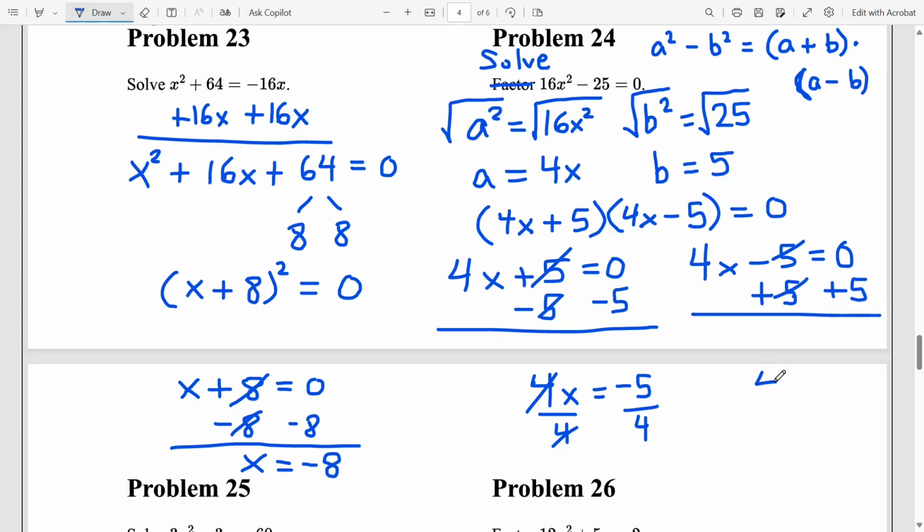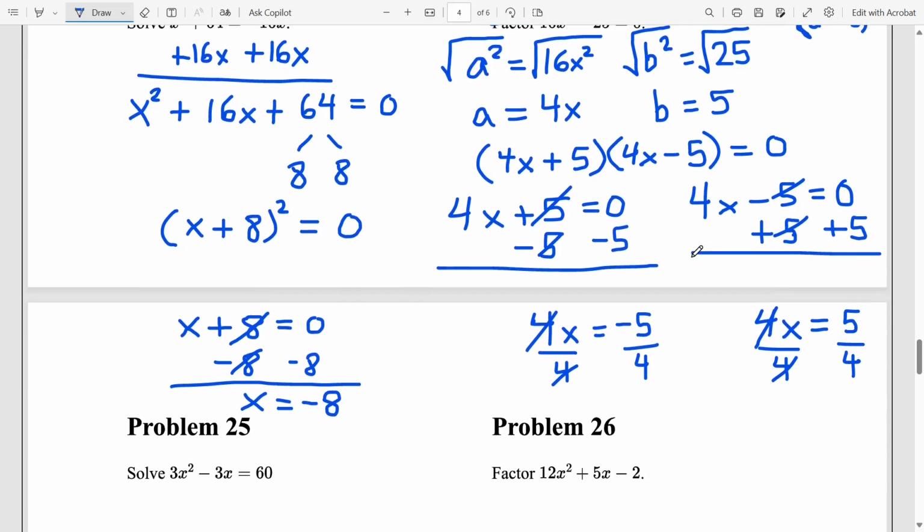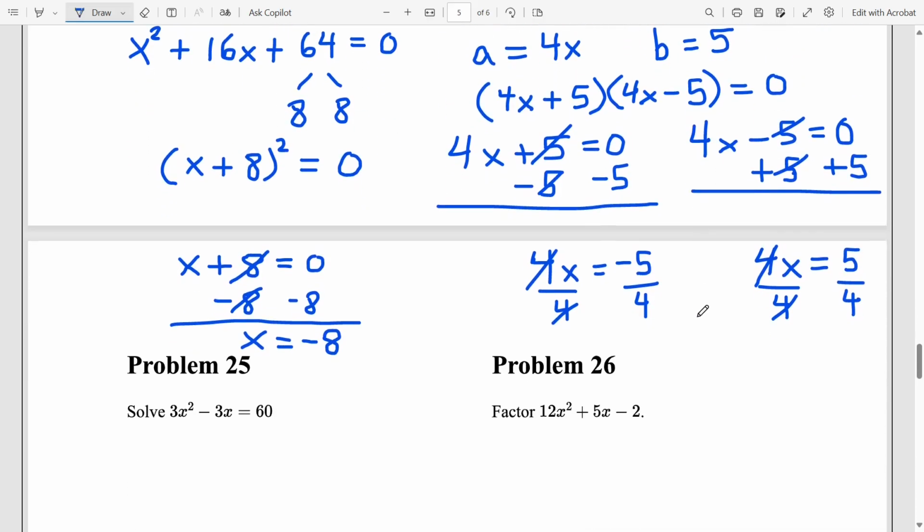We get just 4x equals positive 5. Divide by 4 again because we want to solve for x. So the other solution is x equals 5/4. All right, so our two solutions here are x equals negative 5/4 and x equals 5/4.